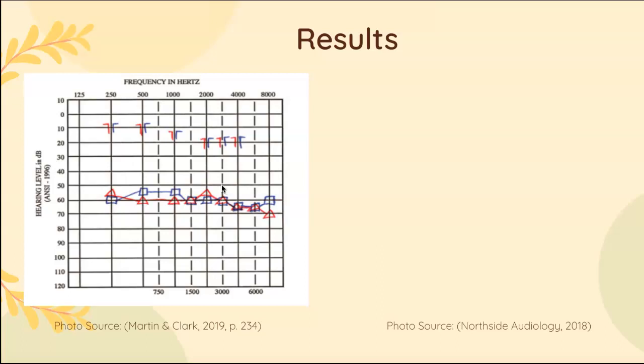As you can see, the bone conduction appears in the normal range, but the air conduction here is down around the moderate severity level. And there's an air-bone conduction gap suggesting conductive hearing loss.